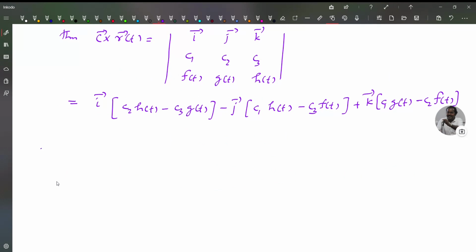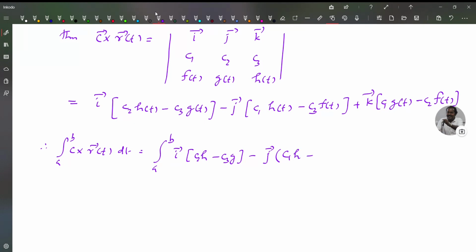Therefore, the integral from a to b of c cross r of t dt is equal to the integral from a to b of i into c2 h minus c3 g, minus j into c1 h minus c3 f, plus k into c1 g minus c2 f, dt.